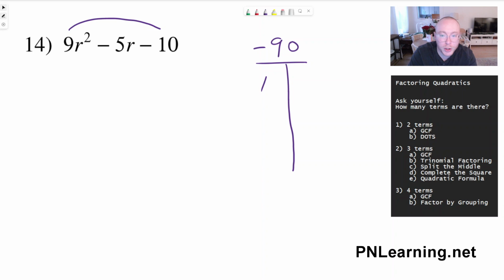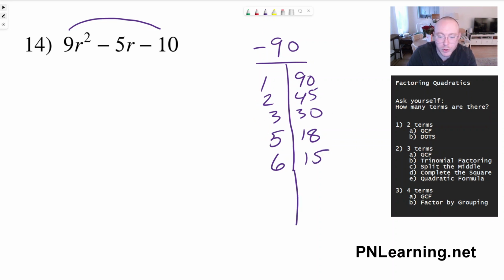Let's see, so 1 and 90, 2 and 45, 3 and 30, 4 and nothing, 5 and 18, 6 and let's see, we have 2 and 3 as factors, so if we double the 3, we'll cut the 30 in half, that's 6 and 15. And we're not quite off by 5 yet, so let's keep going.